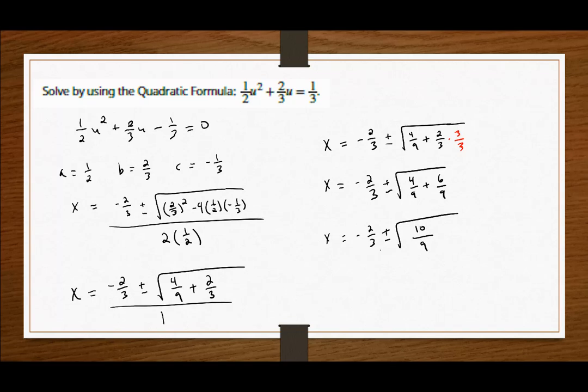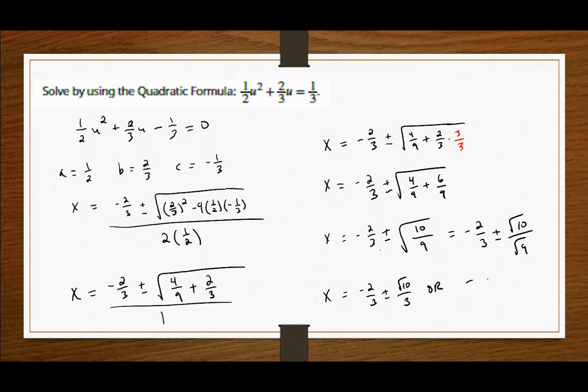This can be reduced then using the quotient rule. We end up with negative 2/3 plus or minus the square root of 10 over the square root of 9. And lastly, we reduce and get negative 2/3 plus or minus the square root of 10 all over 3.